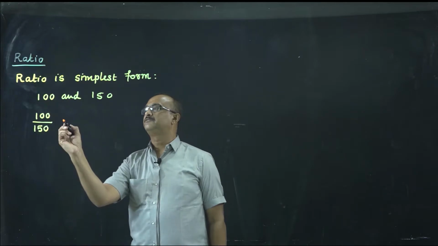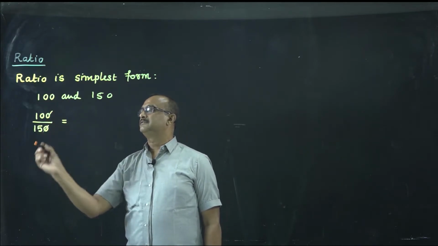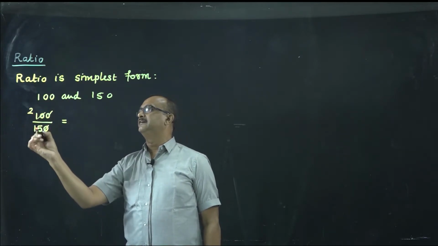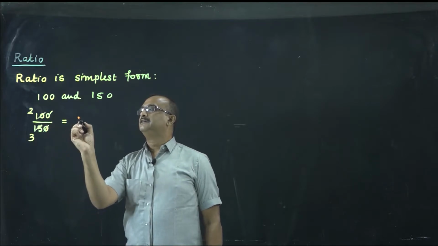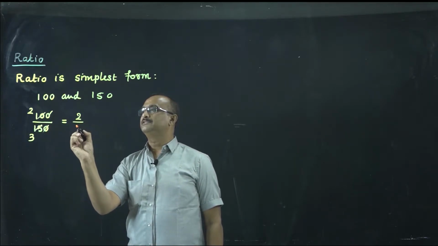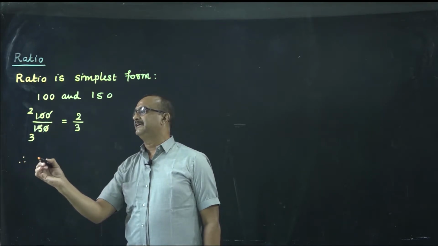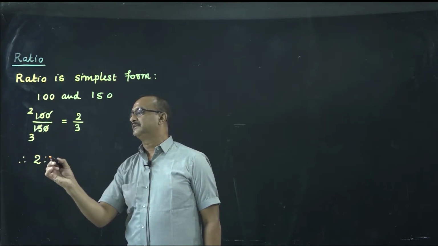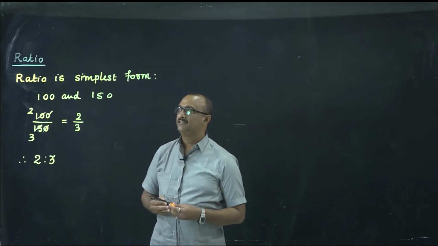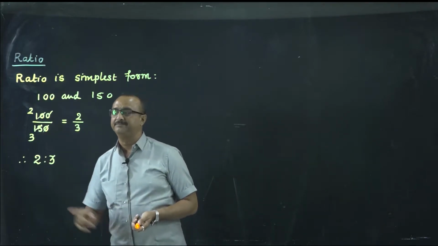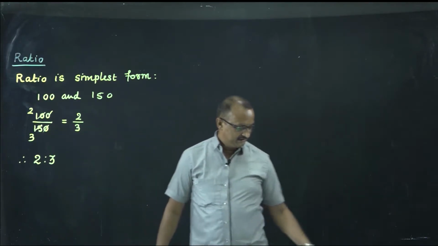What is simplest form? 0 0 cancel, 5 2s are 10 and 5 3s are 15. The simplest form is 2 by 3. In ratio, it can be written as 2:3. So we can say that the ratio between 100 and 150 is 2:3.